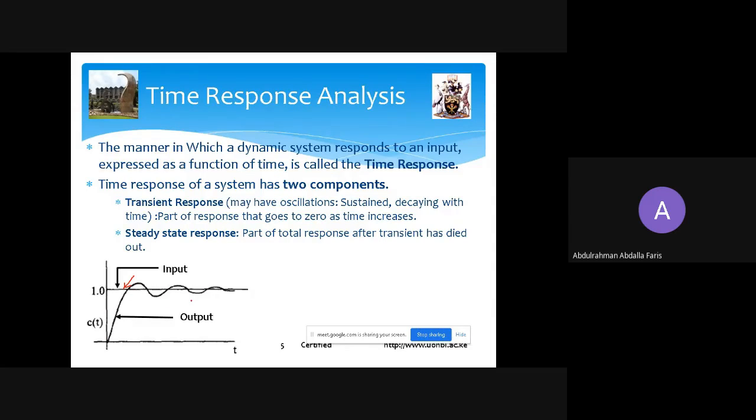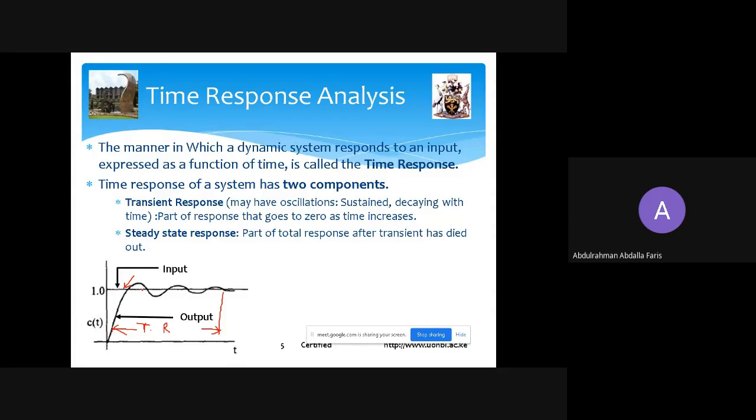This part, before it goes to zero or stabilizes, that part from here to here, that is a transient response. And this transient response, sometimes it will have a sustained oscillation, meaning the oscillation will go on forever, and that is very bad for a system.